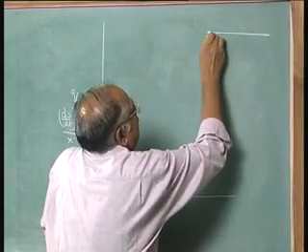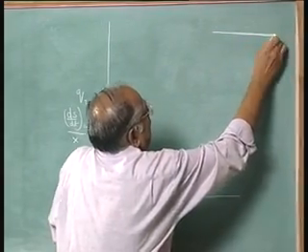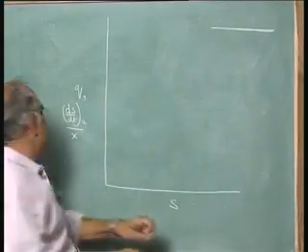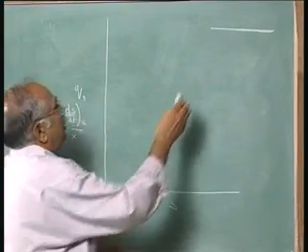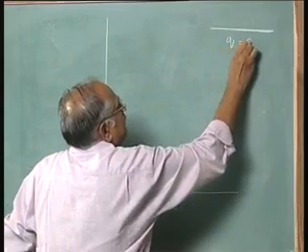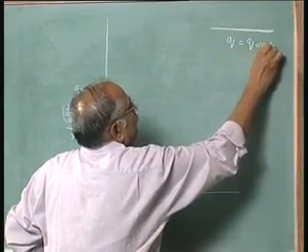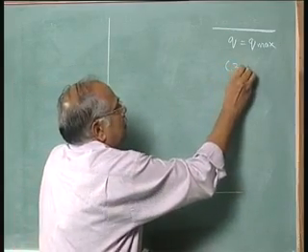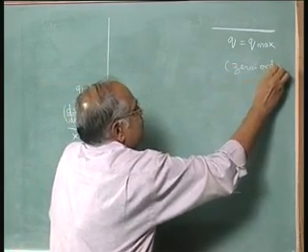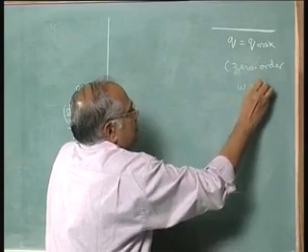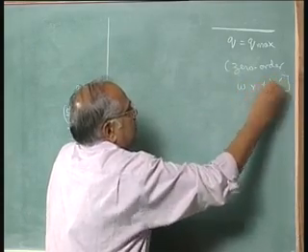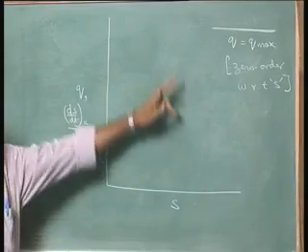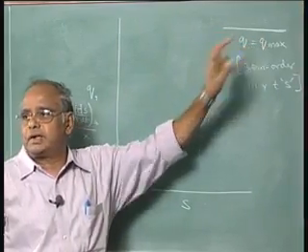This is a 0 order equation. A line like this will come when the substrate concentration is very high. So this is my Q is equal to Q max, and this is 0 order with respect to substrate concentration. That is the curve we get here.